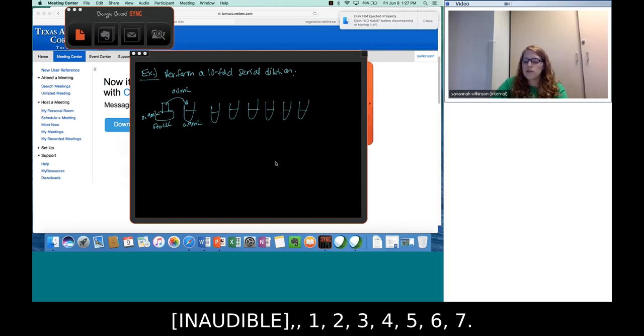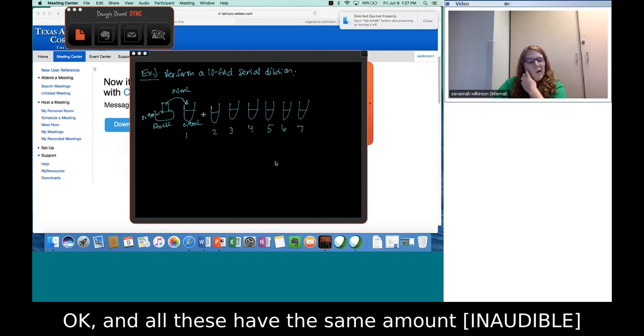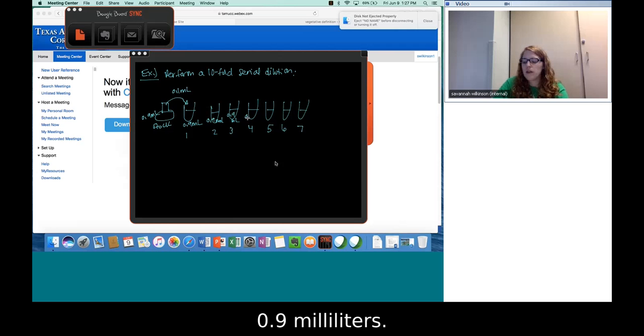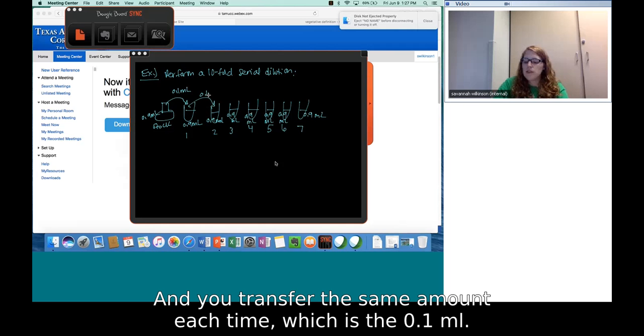So we have 1, 2, 3, 4, 5, 6, 7. Okay. And all these have the same amount of diluent, 0.9 milliliters. And you transfer the same amount each time, which is the 0.1 mils.